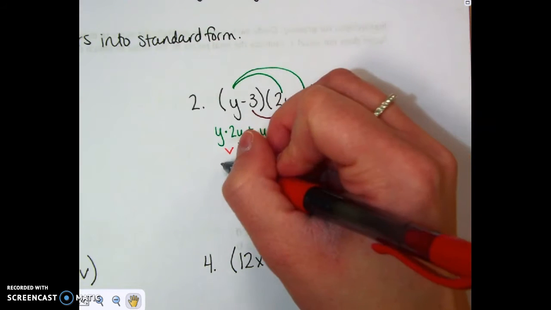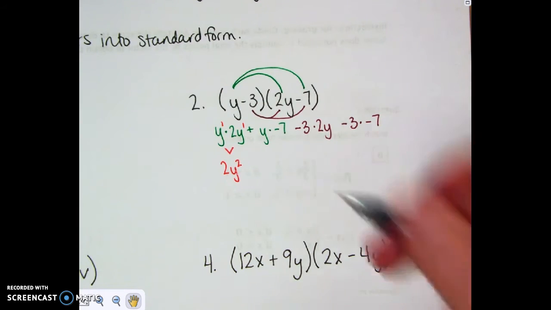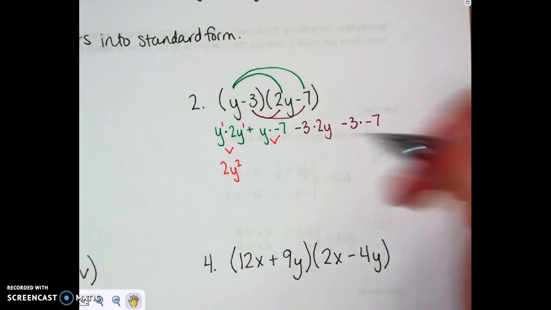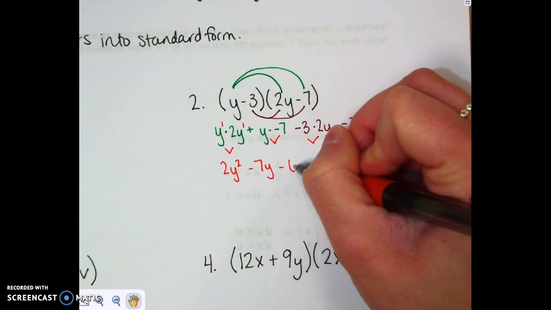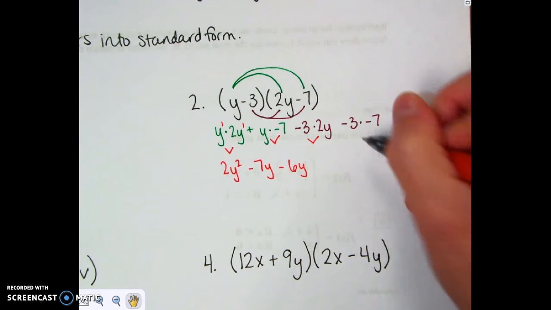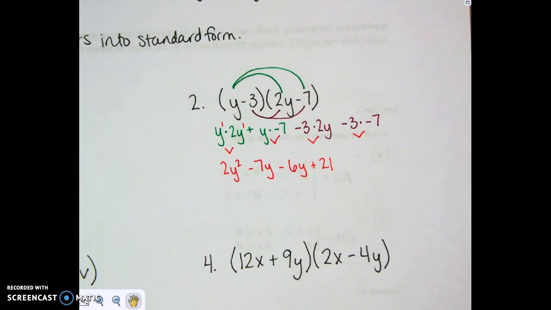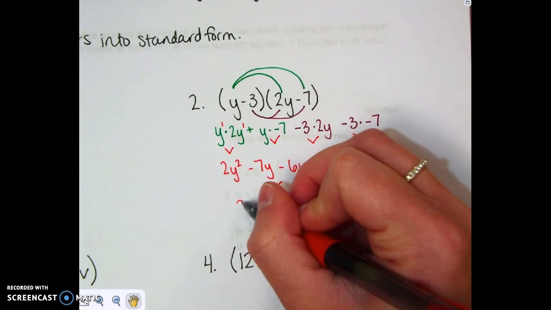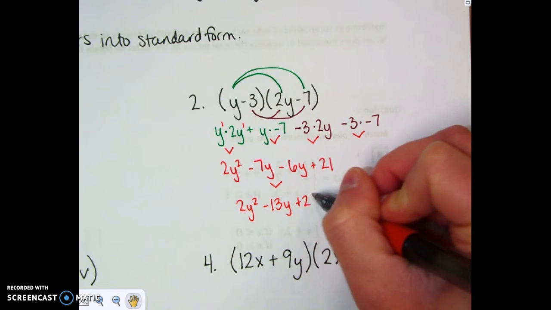Y times 2y, that's going to be 2y squared, because they each have an exponent of 1. Y times negative 7 is negative 7y. Negative 3 times 2y is negative 6y. Negative 3 times negative 7 is a positive 21. The two middle terms are like terms, so I'm going to combine them. That gets me 2y squared minus 13y plus 21.